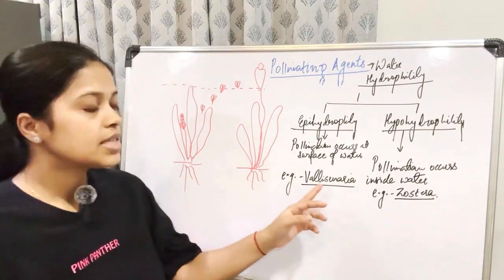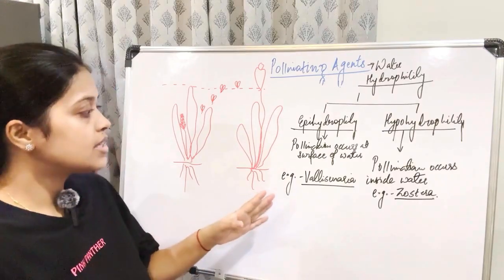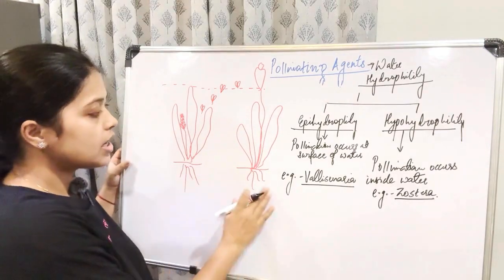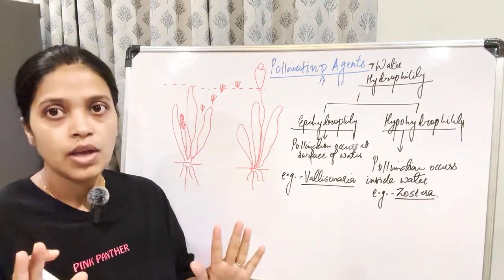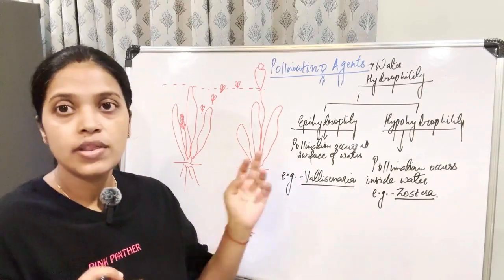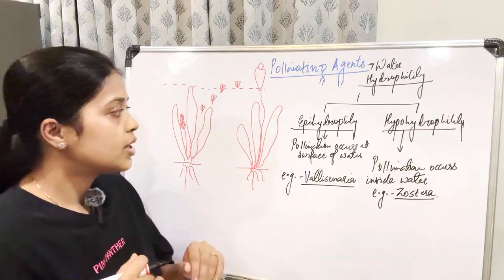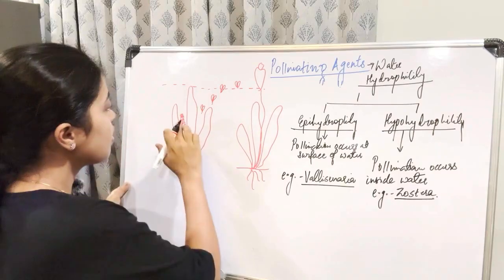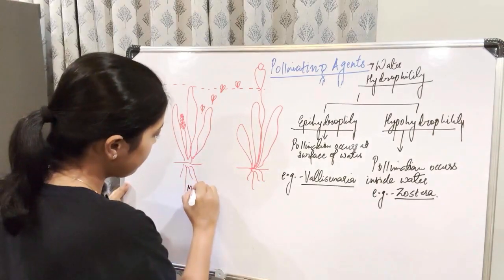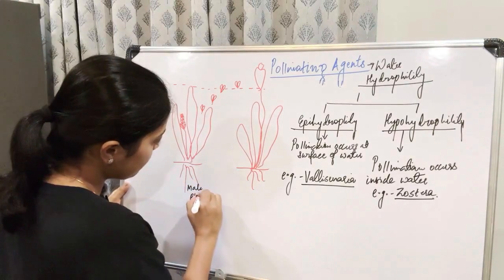So what happens in Vallisneria? In Vallisneria, the plant is submerged, but the pollination is occurring on the surface of water. How does that happen? Here this is the male plant.